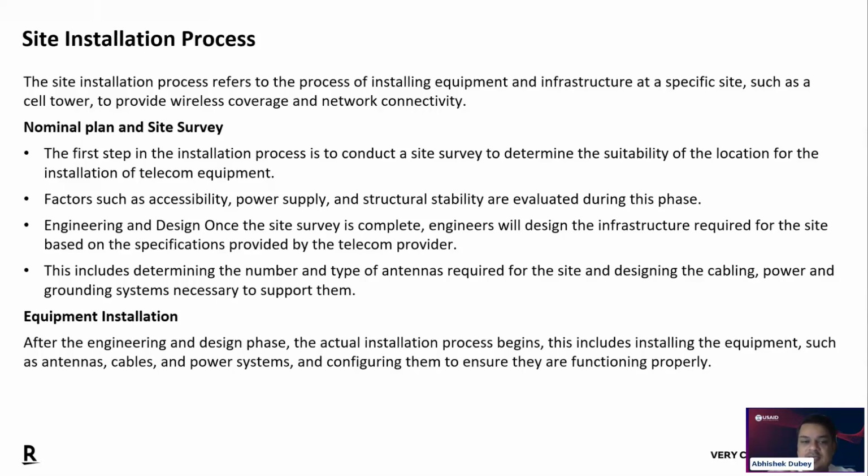While you're planning a site, the first step is to plan nominal and survey the location and some other possible candidates within 50 meters. Okay, so if you plan one site here, let's say this is the location and you plan one site here, that should be your P1. But let's say this P1 is not possible.